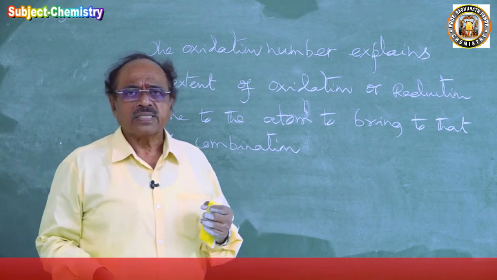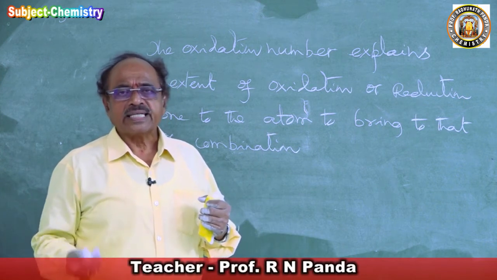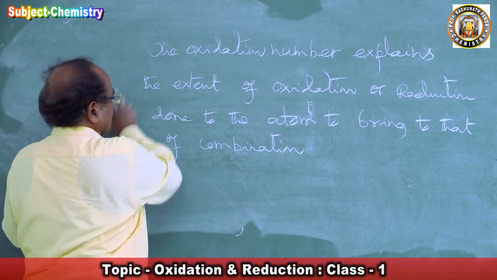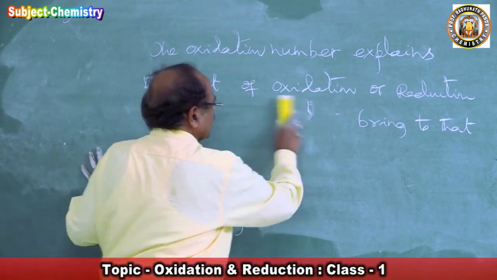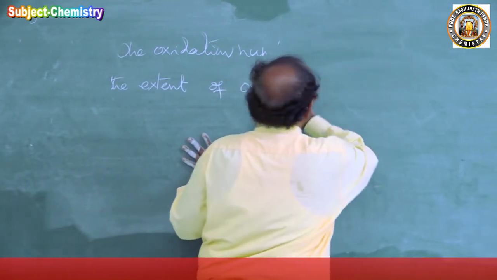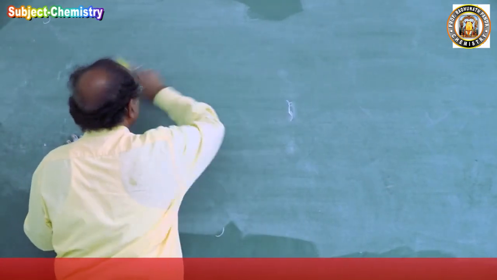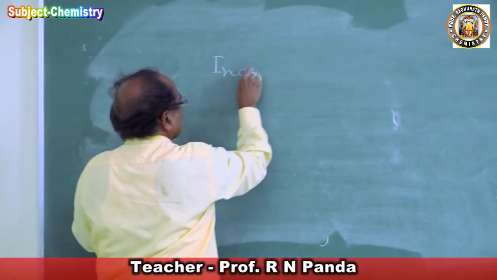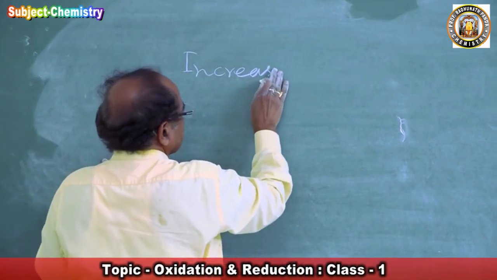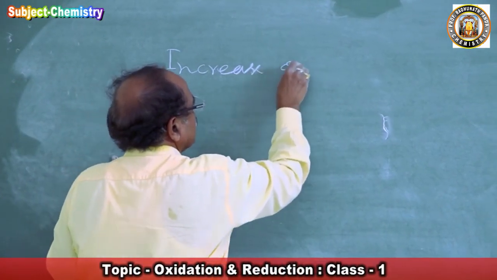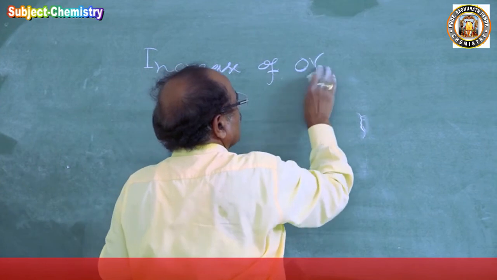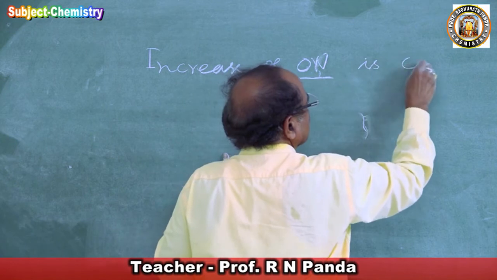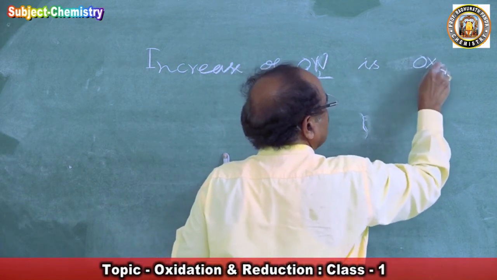Calculate the oxidation number, and if there is an increase of oxidation number, it is called oxidation, and decrease of oxidation number, then it is reduction. Then extent of oxidation, whether oxidation has taken place or reduction has taken place. So increase of oxidation number, ON, I am writing, children, oxidation number is oxidation.